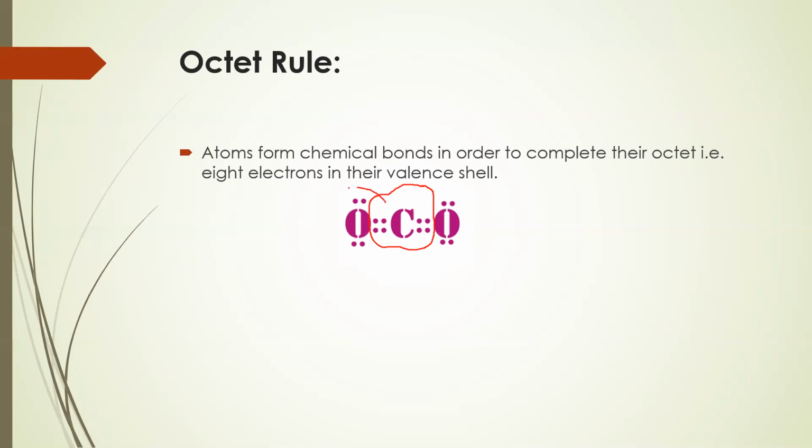Whereas you can check here, the oxygen atom also has 8 electrons after sharing 2 electrons with the carbon atom. Similarly, this oxygen atom is also attaining the octet configuration as it has shared 2 electrons with the carbon atom, and it is forming C double bond O, which has a linear shape.